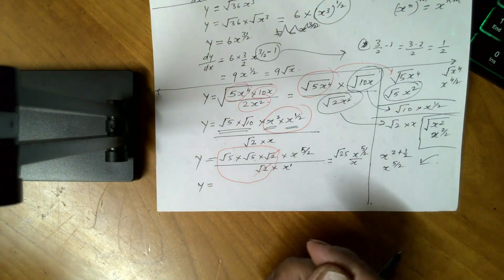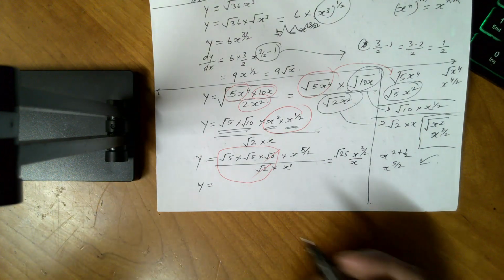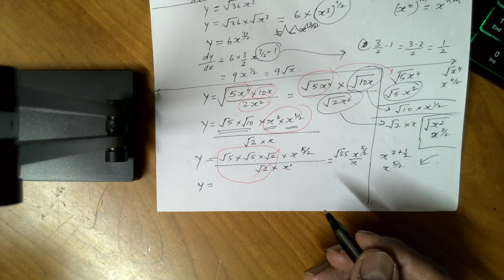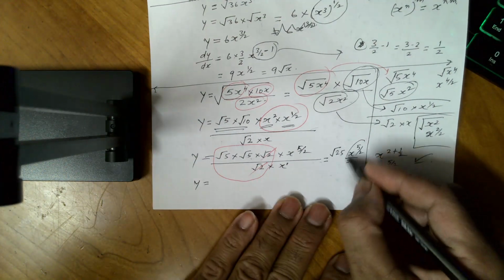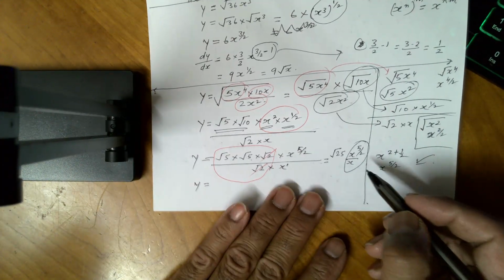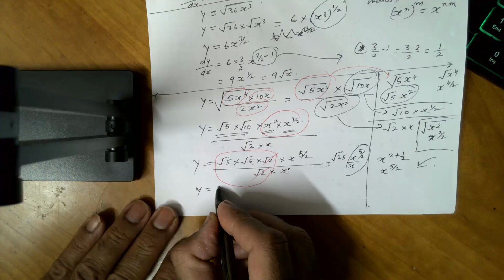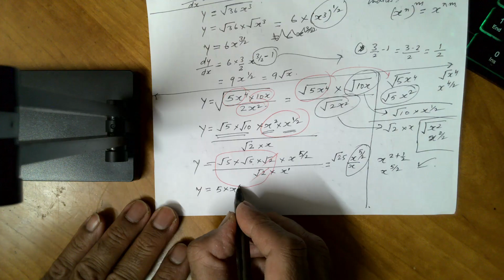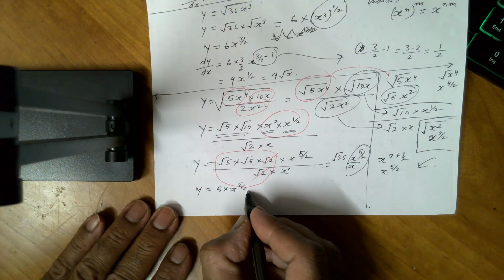So y equal to square root of 25, that is your 5, multiply x to the power 5/2.